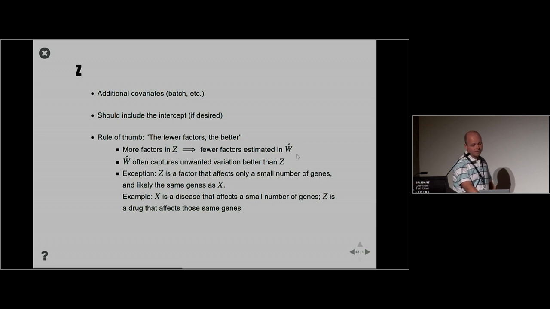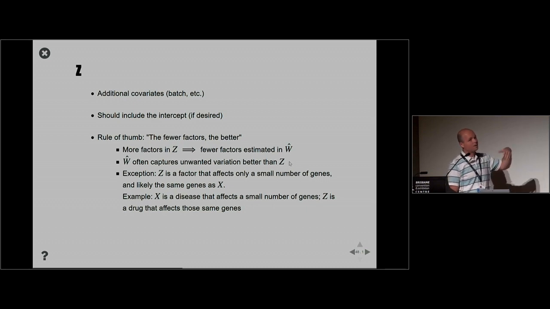And in practice, it's actually often the case that your estimated W from the factor analysis does a better job at capturing the unwanted variation than including a dummy variable for known batch. That seems kind of surprising at first, but when you think about it, it's maybe not so surprising.